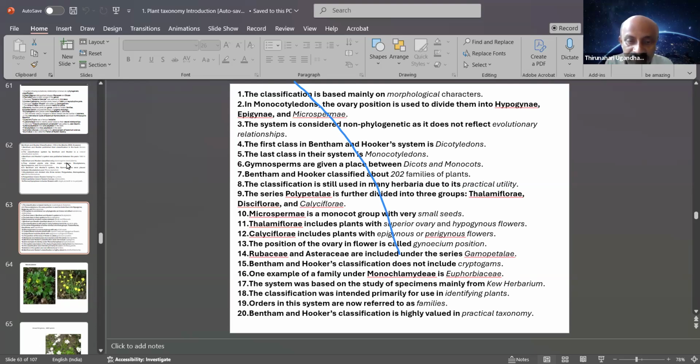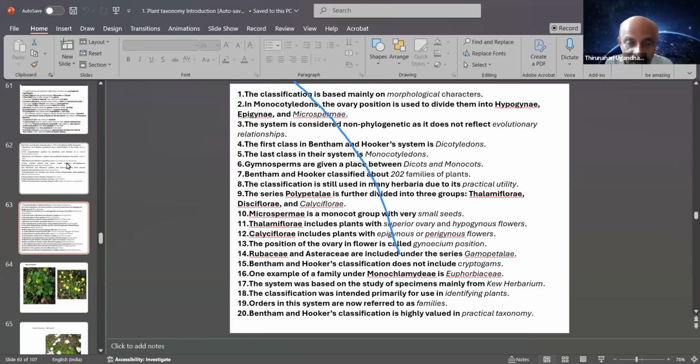Rubiaceae and Asteraceae are included in the series gamopetalae. The Bentham and Hooker classification does not include the cryptogams, only flowering plants, not non-flowering. One example of a family under monochlamydeae is Euphorbiaceae.